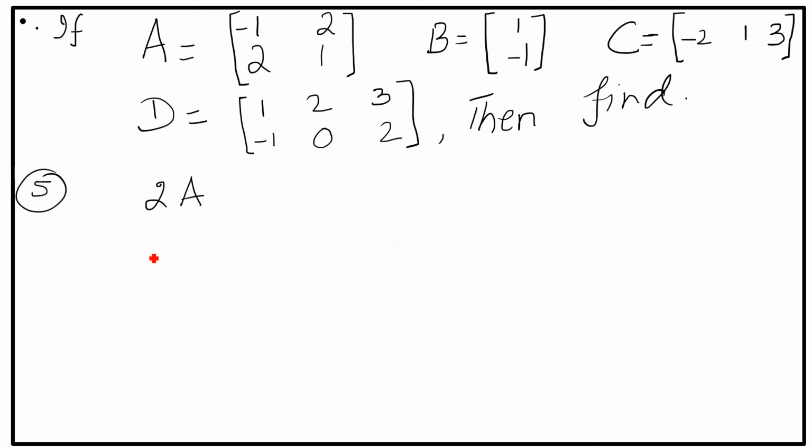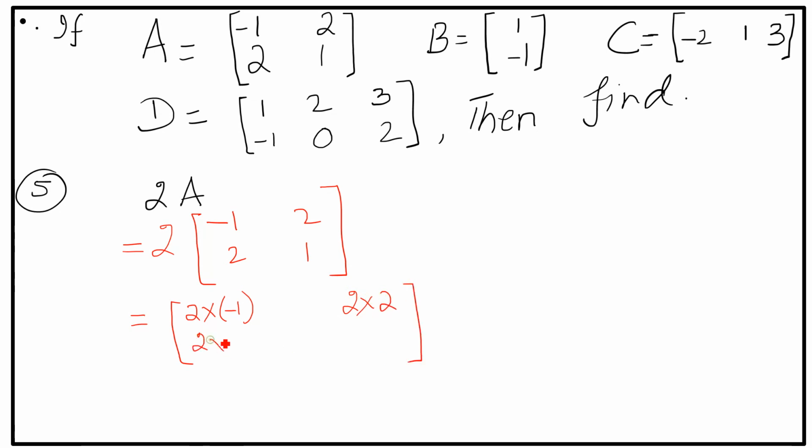This is 2a. 2a means you have to multiply. A is minus 1, 2, 2, 1. And see, this 2 is outside this matrix. So it means individually you have to multiply these 4 elements by 2. See, 2 multiply by -1 with this one, then with this 2.